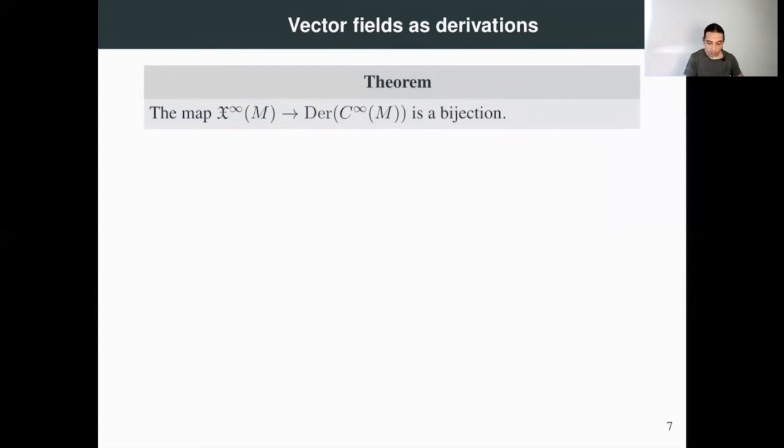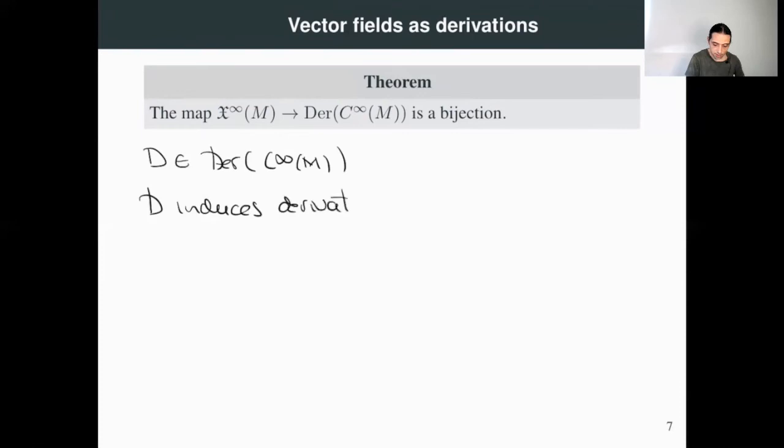So let us consider D, a derivation of the space of C-infinity functions, and what we're going to see is that D induces, in a natural way, derivations that we can call D_x of the space of germs at the point x. Okay, how can we do this?